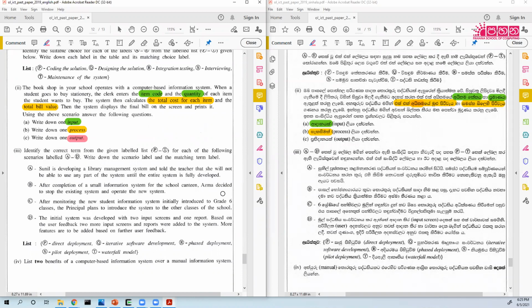Then the output. Yes, what are the outputs? What are the outputs? Yes, total bill is one of the outputs.